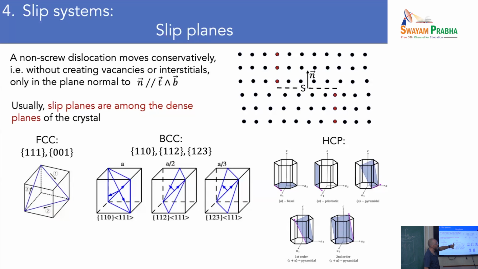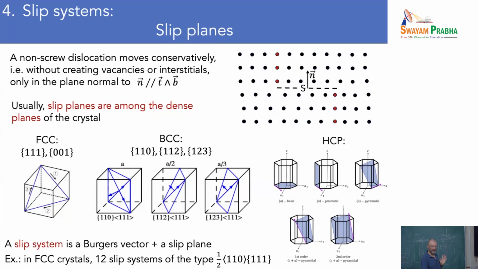We have the 110, which is the densest we discussed yesterday. But we also see 112 and even sometimes 123. And then in HCP, well, HCP is the bad guy, so you have everything. You have basal, prismatic, pyramidal 1, pyramidal 2, pyramidal C plus A1, C plus A2. A mess, as always.